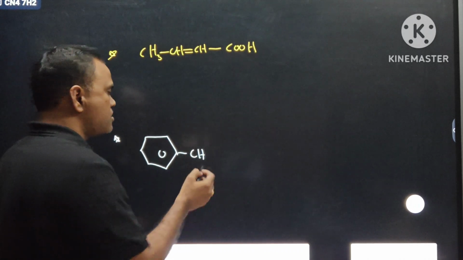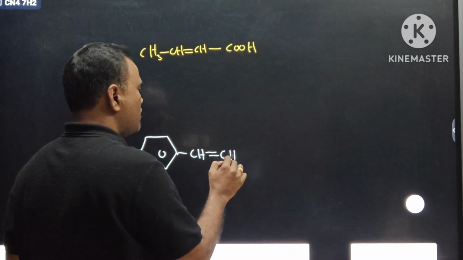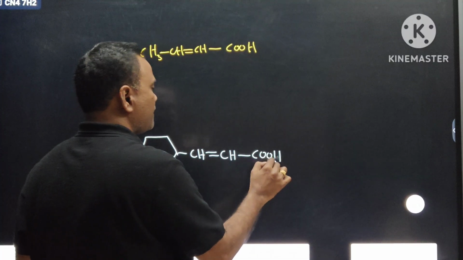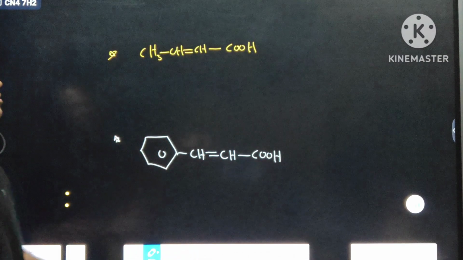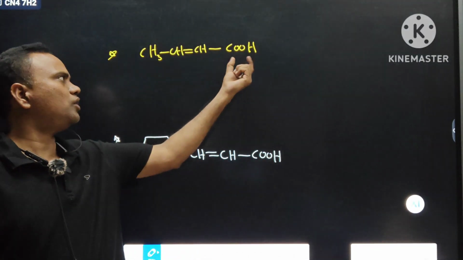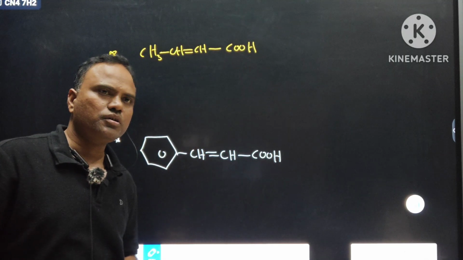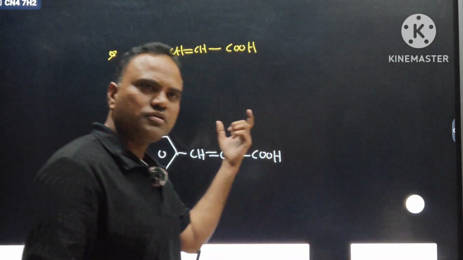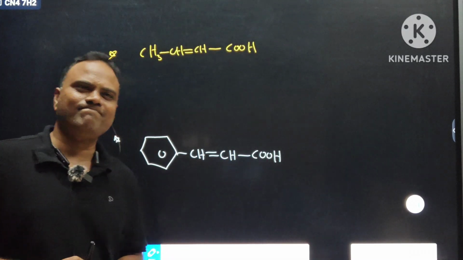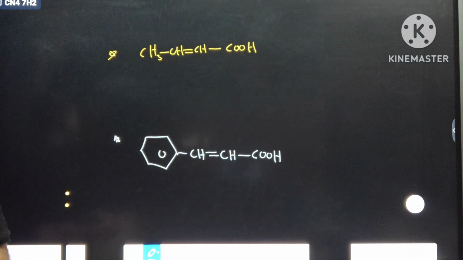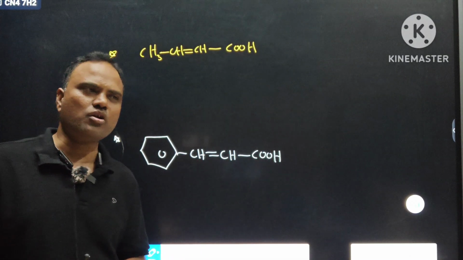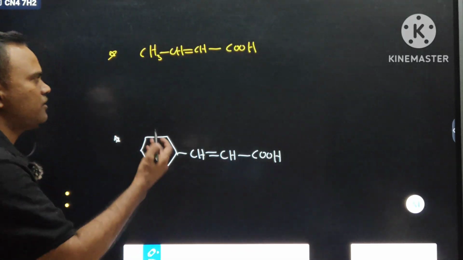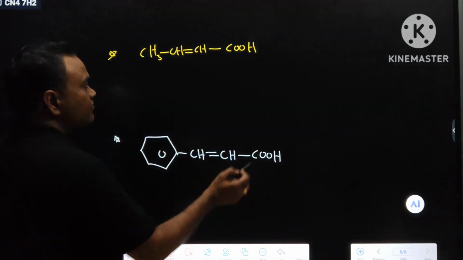In the last chapter, we have seen similar compounds, but with the aldehyde CHO. So it is crotonic acid. Crotonaldehyde, crotonic acid. So give the IUPAC name.